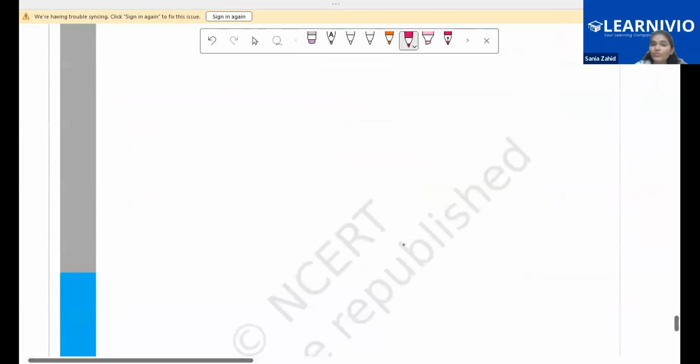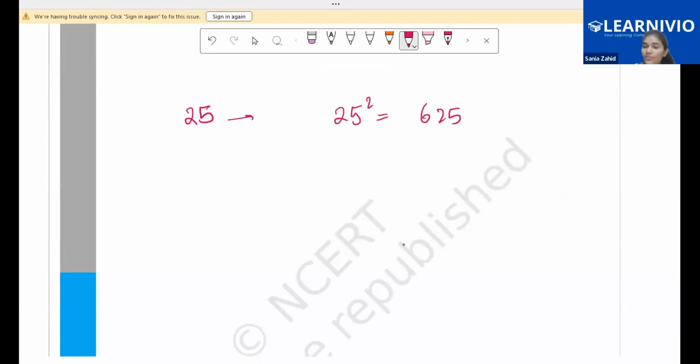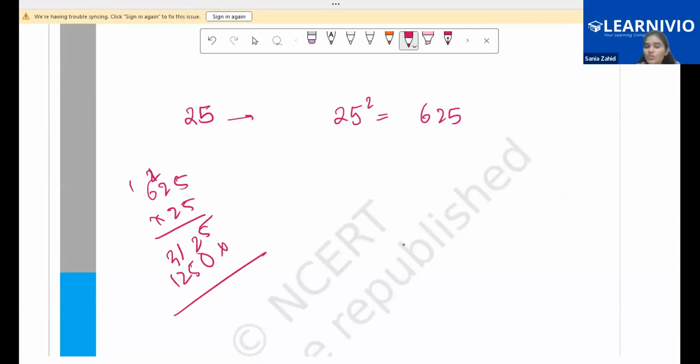So we know the square of a number ends with 5. What are the numbers that end with 5? A number that should have one's digit as 5. So for example, let's say 25, since you were talking about 25. What is the square of 25? 625. And the cube of 25 will be 625 into 25, which is 15625.